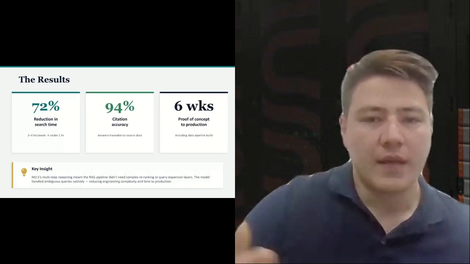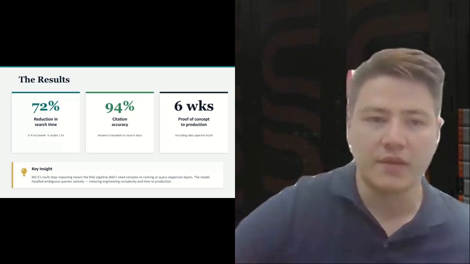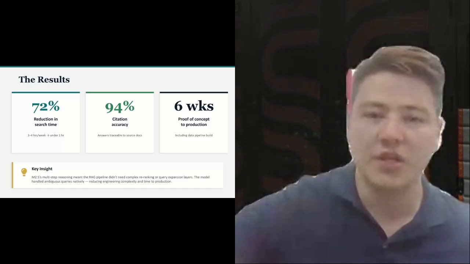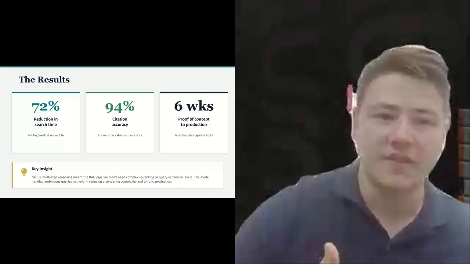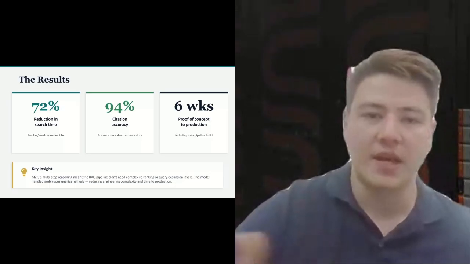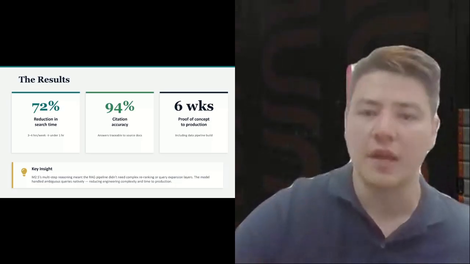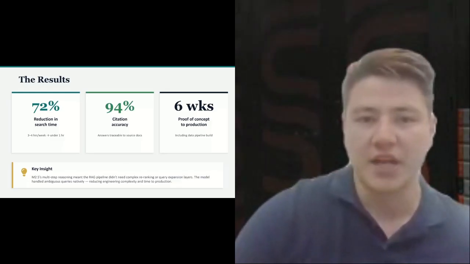Now, as part of the ramp down of the project, we went back and we measured all the benefits of the project, and so we realized there was 72% reduction in search time, and this was, to be completely transparent, done by entry-level engineers or entry-level consultants, and so that was reduced. 94% citation accuracy.